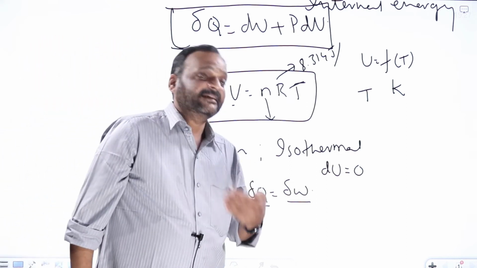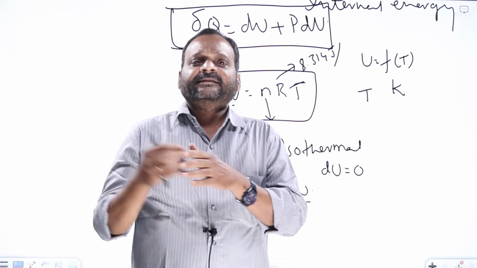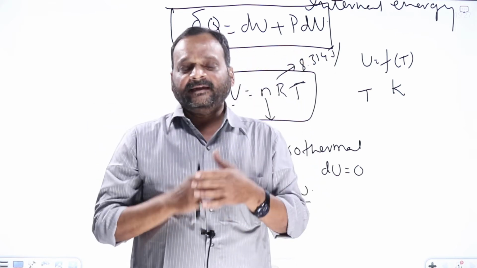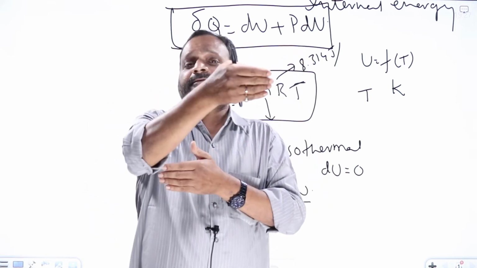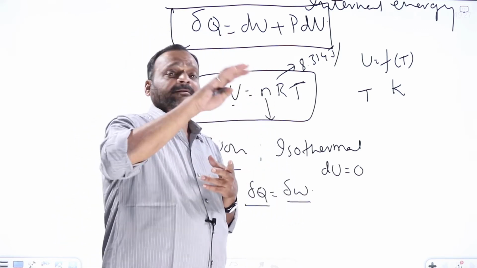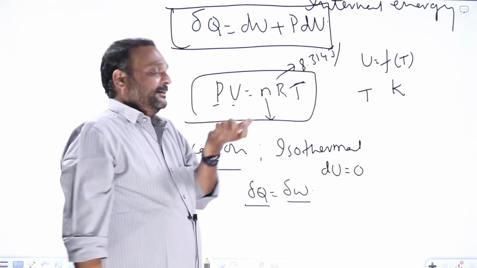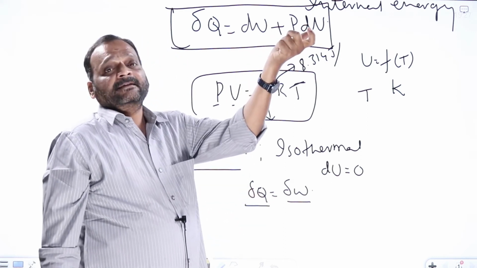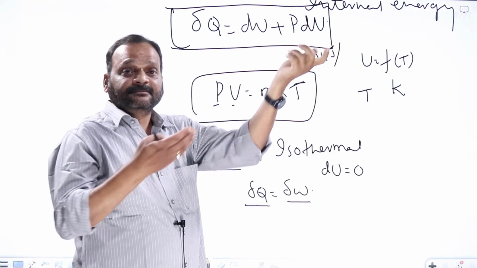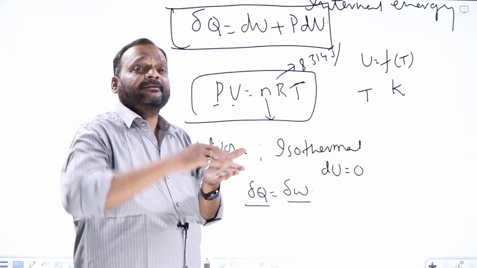What is a heat engine? A heat engine is a device which converts heat into work. Now, which type of process is suitable for a heat engine? If the process is one in which all the heat given gets used up in doing external work, that becomes the best process for a heat engine, because the purpose of a heat engine is to convert heat into work.